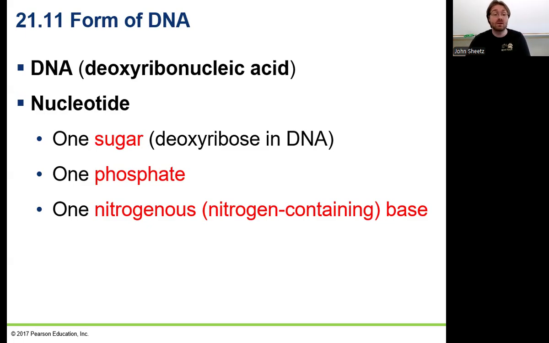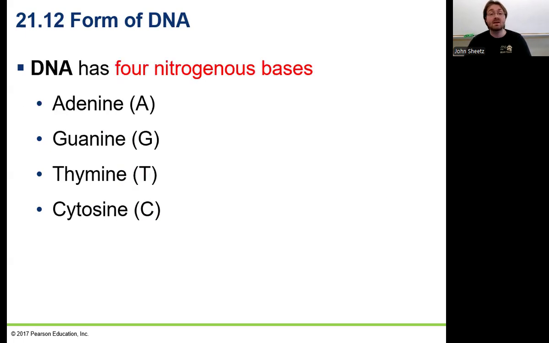So each individual nucleotide is made out of one deoxyribose sugar, one phosphate, and one nitrogenous, which just means it has nitrogen in it, containing base. DNA has 4 nitrogenous bases. These are adenine, guanine, thymine, and cytosine.